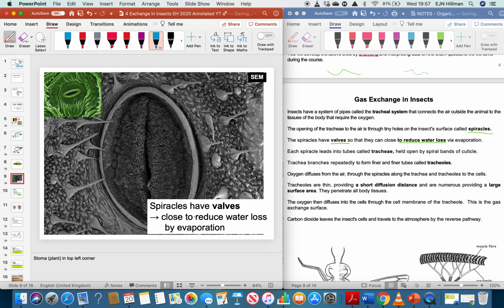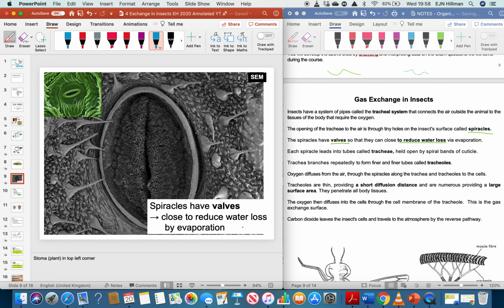Okay, so spiracles have valves. Mentioned this before. They close to reduce the water loss by evaporation. Commonly, questions might ask you about those spiracles. What is their function? Why is it necessary that they have a valve? And really, there are two things, aren't there?